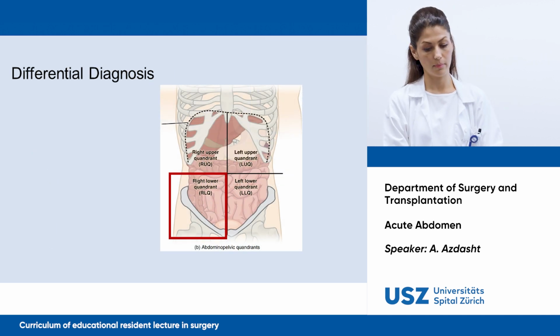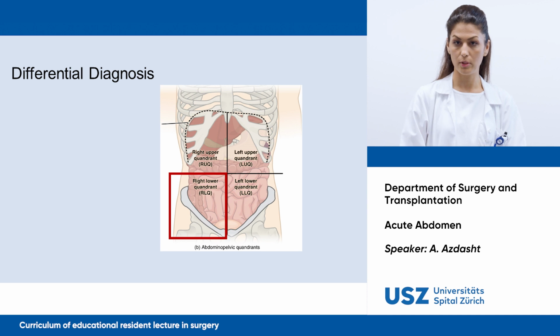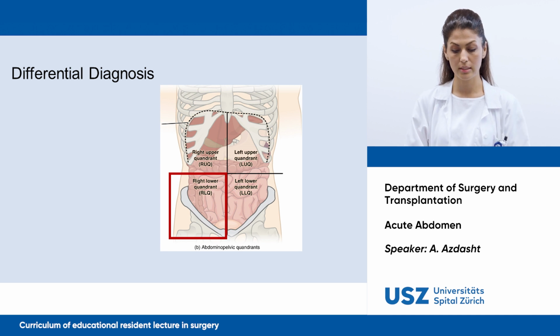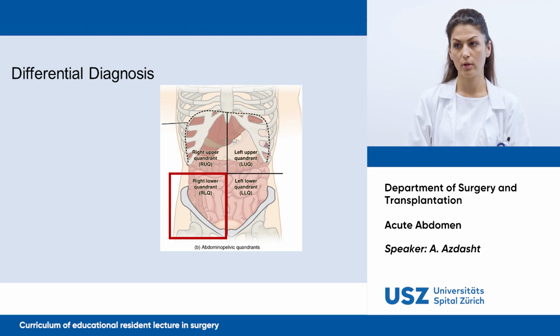Depending on the location of the pain, with regard to the 4 abdominal quadrants, there are many differential diagnoses to be taken into consideration. So let's start with the right lower quadrant. What do we think if the pain is located here? It's a simple question. Maybe also our students can answer if they would like to. What do we suspect if the pain is in the lower right abdomen?